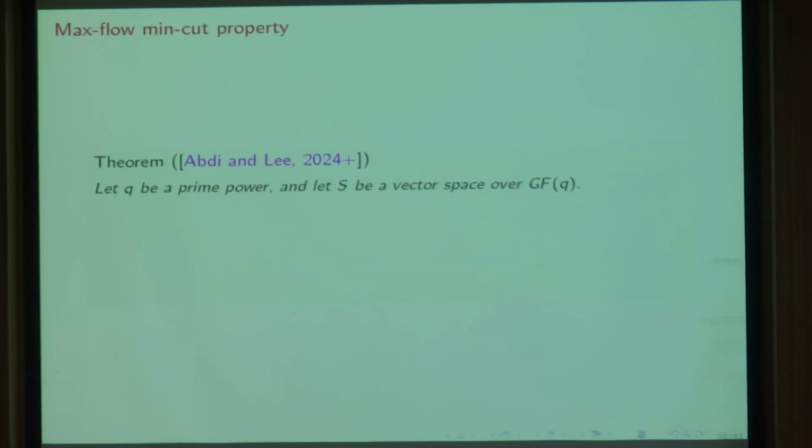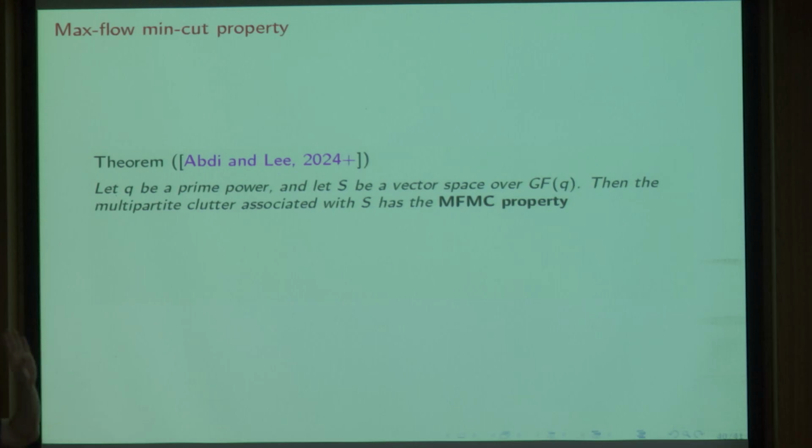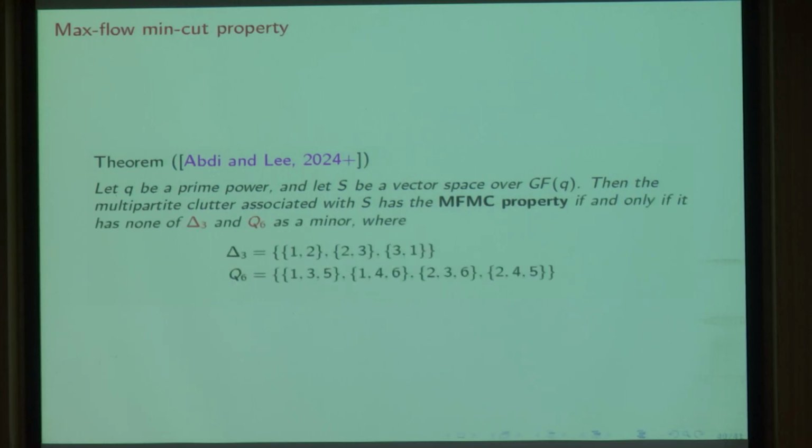And for the max-flow min-cut property, we found the following theorem. This is true for any prime power, including Q equals 2. It has the MFMC property if and only if the clutter has no delta 3 and Q6 as a minor. So we have a complete understanding of this multipartite clutter construction.